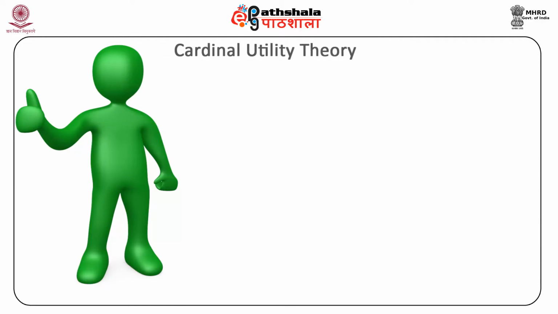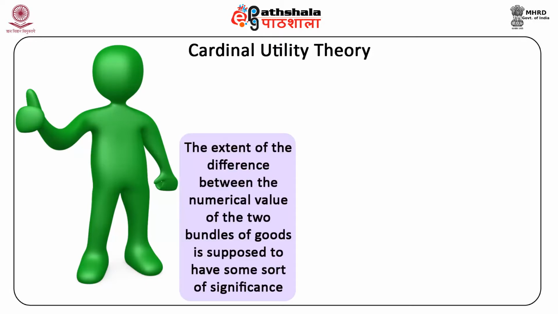There are some theories of utility that attach significance to the magnitude of utility. These are known as cardinal utility theories. In the theory of cardinal utility, the extent of the difference between the numerical value of the two bundles of goods is supposed to have some sort of significance.